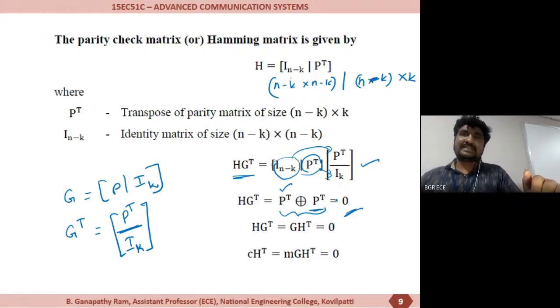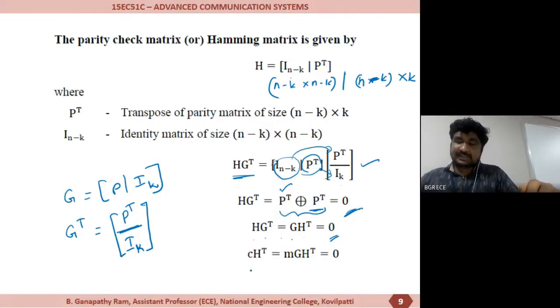In modulo 2 addition, adding the same elements will provide 0, and adding different elements will provide 1. So by using the commutative property of matrices, H G transpose will be equal to G into H transpose, and that will be equal to 0.